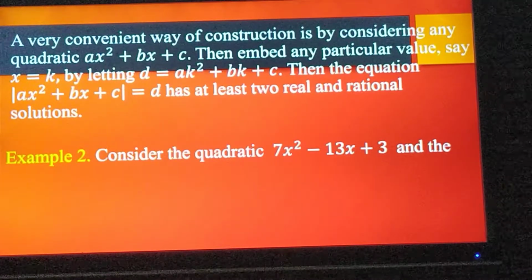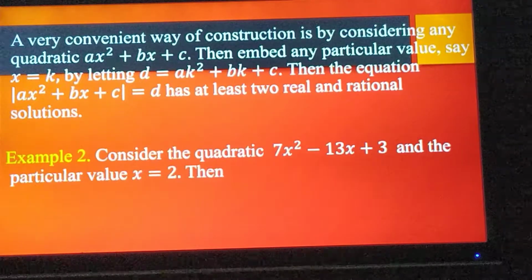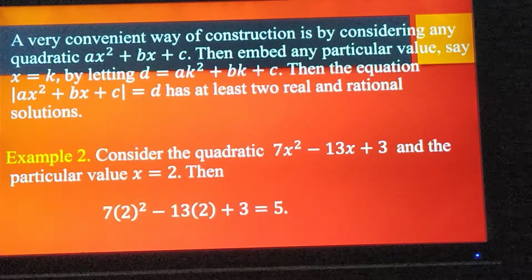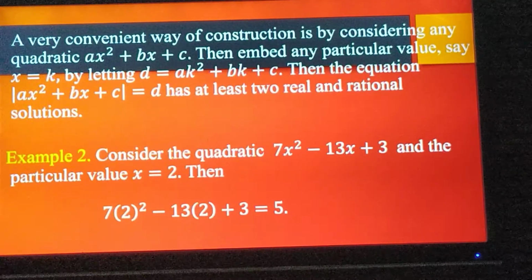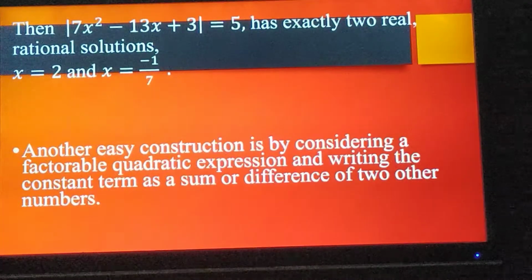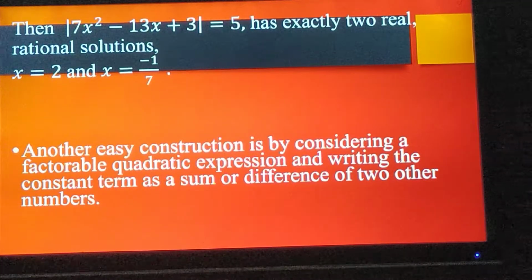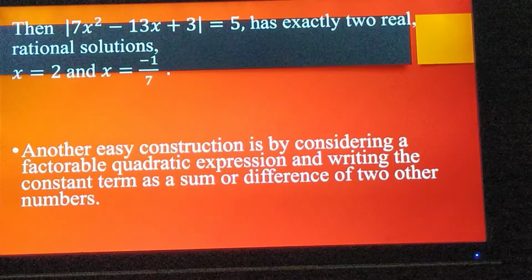For example, consider the quadratic expression 7x squared minus 13x plus 3 and the particular value x equals 2. Then 7 times 2 squared minus 13 times 2 plus 3 equals 5. And from this we get the equation absolute value of 7x squared minus 13x plus 3 equals 5.